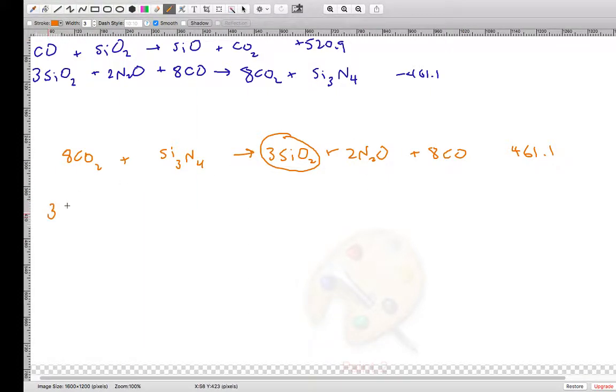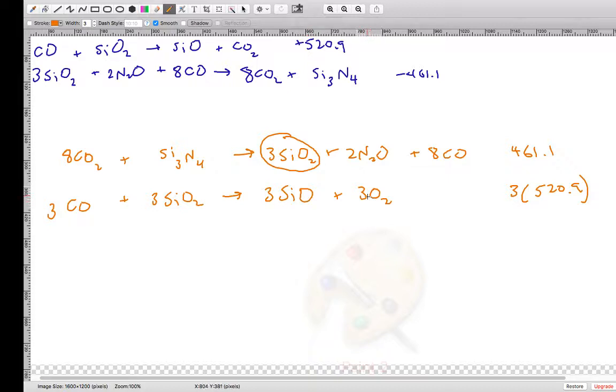So I get 3 COs, 3 SiO2s, makes 3 SiOs, and 3 CO2s. And the enthalpy change is a positive 3 times 520.9. Now, just by doing that, I may have fixed other problems. So I've got 3 SiOs here.